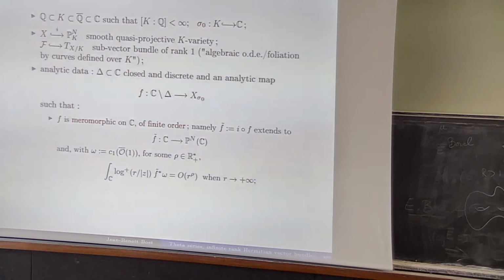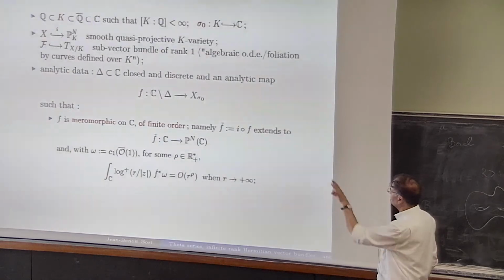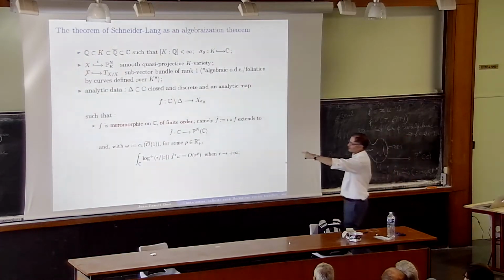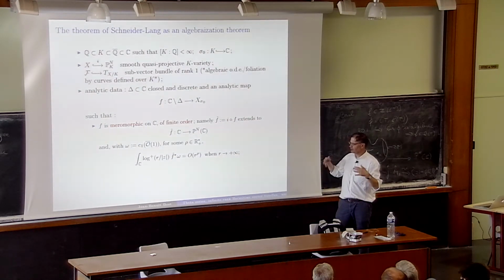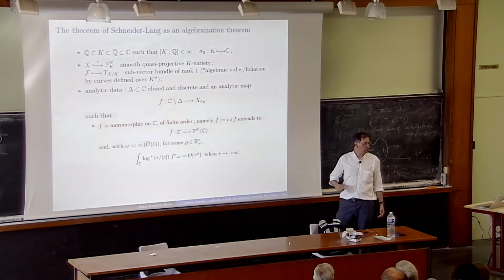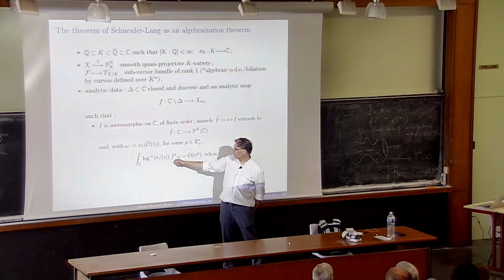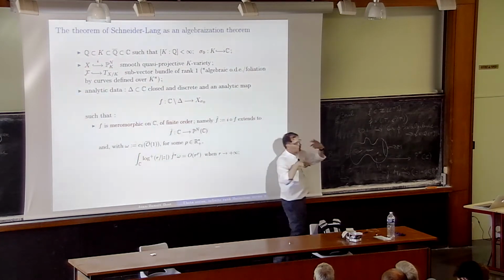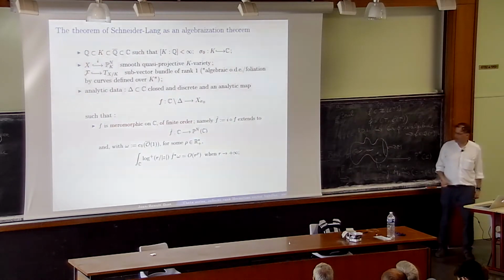So for instance, if f maps to the affine space, this condition says that the growth of the modulus of f is something like exponential of r to the power rho. In the computation of this f star omega, there is some logarithmic derivative involved in a hidden way.